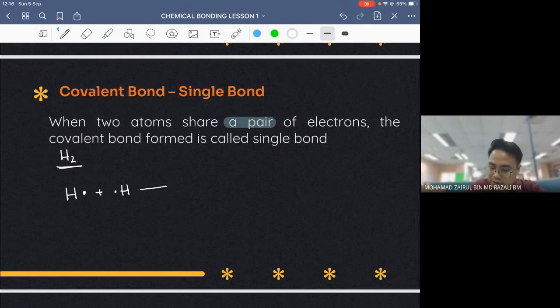Only hydrogen and helium are two elements that form a duplet. It means in order to become stable, it will form a duplet, so it only has 2 electrons. Each hydrogen has only one valence electron. In order to achieve a stable duplet electronic configuration, each hydrogen contributes 1 electron, so combined it becomes 2.